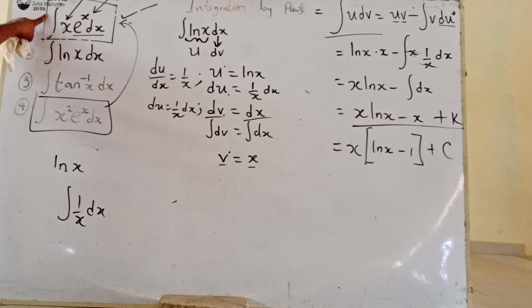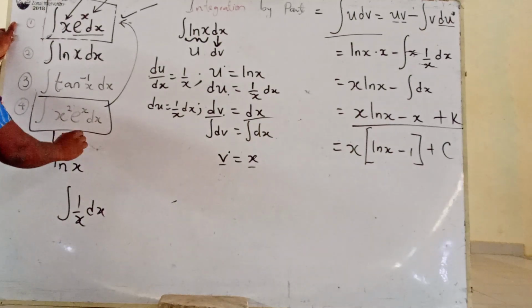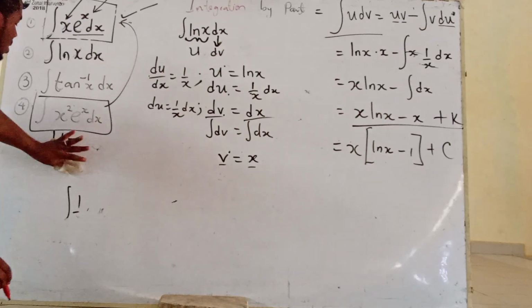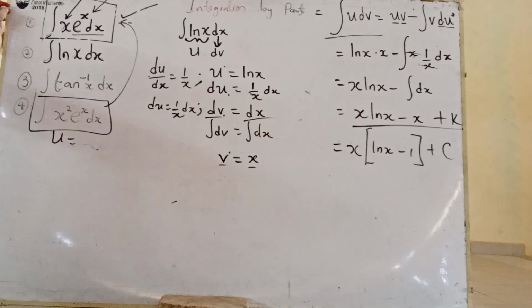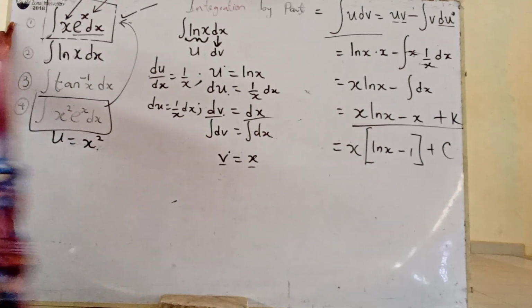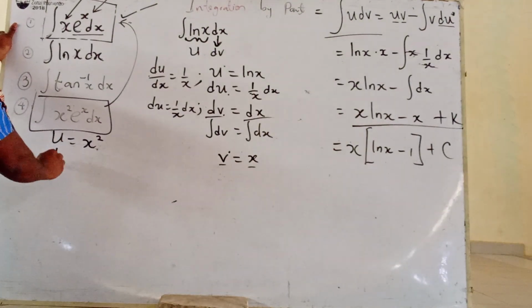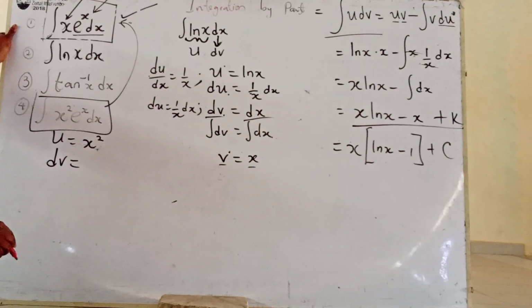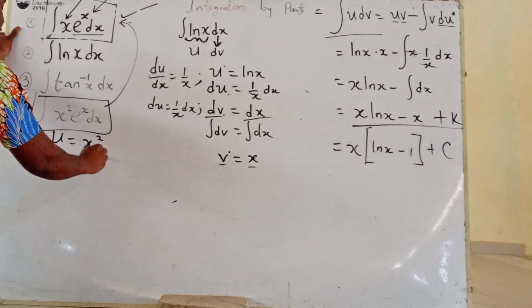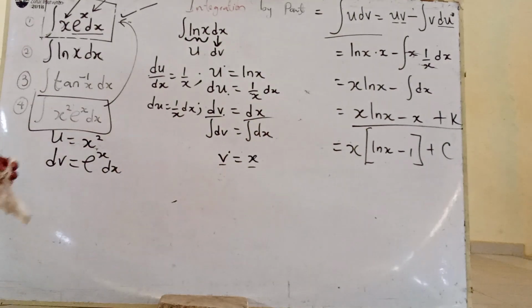So which means we can let our u be equal to what? X squared. Fantastic. X squared. Then we can let our dv be equal to what? Exponential x dx, right?